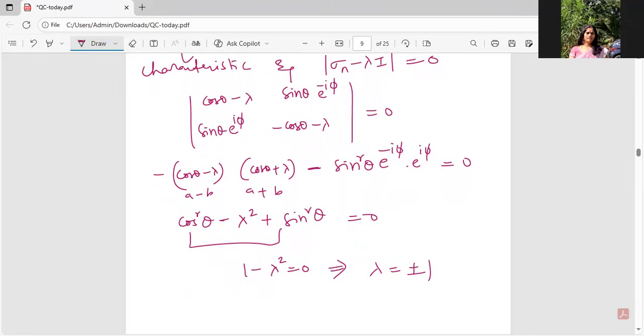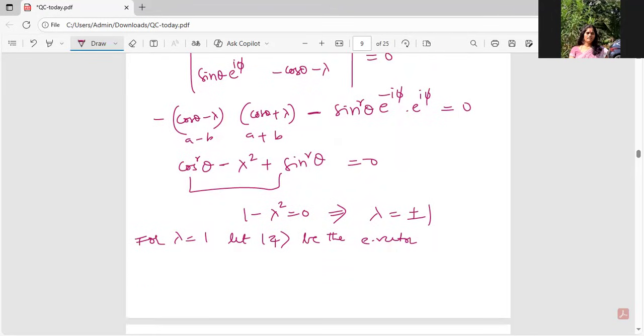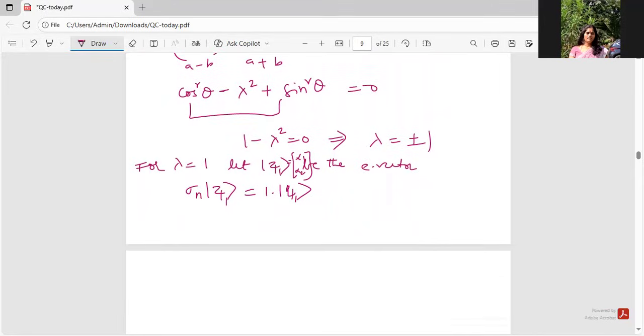Okay, yeah. Let's find out the eigenvectors as well. For lambda equal to 1, let ket xi be the eigenvector. Okay, I already showed in the previous video how to find eigenvectors, right? So sigma n ket xi is equal to 1 into ket xi, guys. Xi 1 also I can call it. What can I define for xi 1? Alpha 1, alpha 2, anything you can define, and beta 1, beta 2 for ket xi 2.